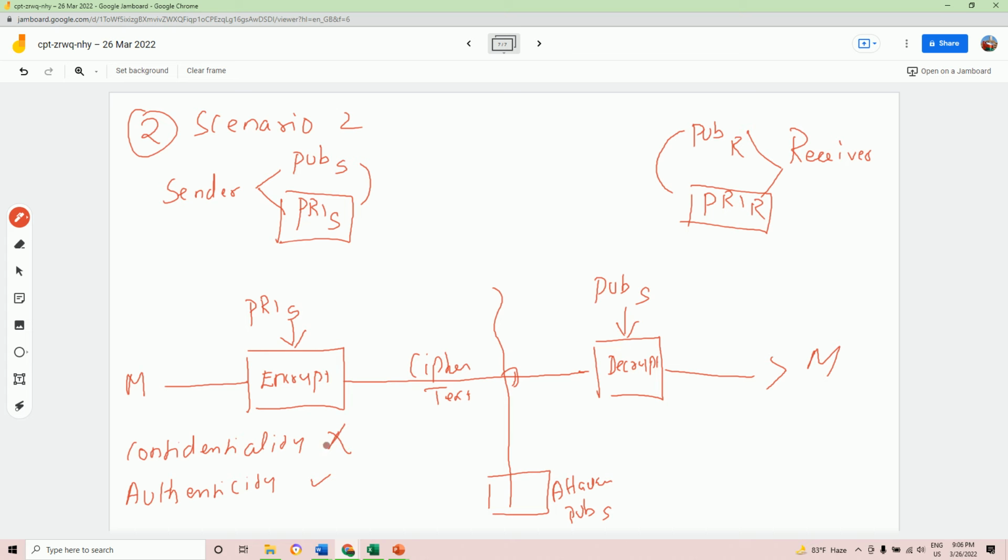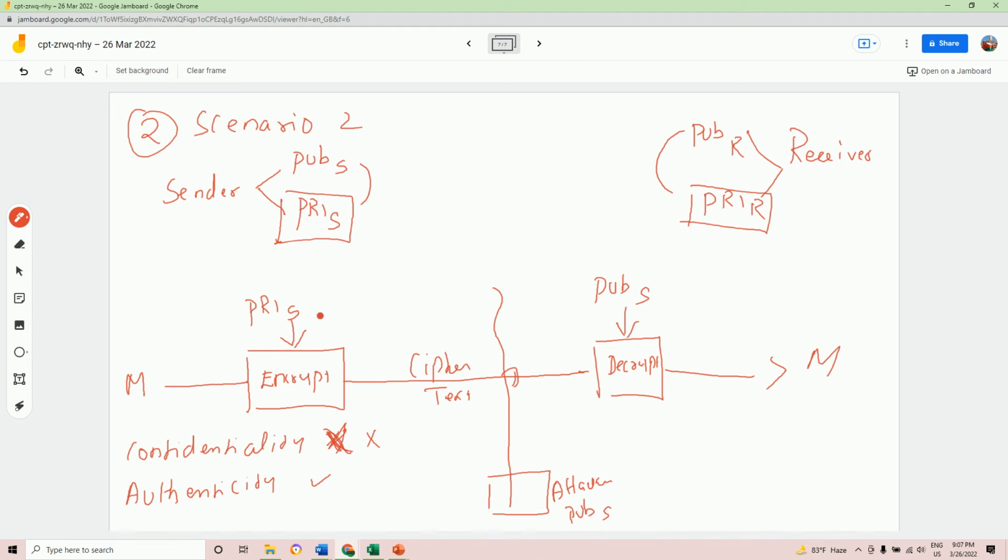So there is no confidentiality. When you encrypt with the private key of the sender and decrypt with the public key of the sender, there is no confidentiality. However, there is authenticity, because if you are encrypting with the private key of the sender, nobody else can have the private key of the sender. Only the sender has access to the private key. It cannot be shared with others.